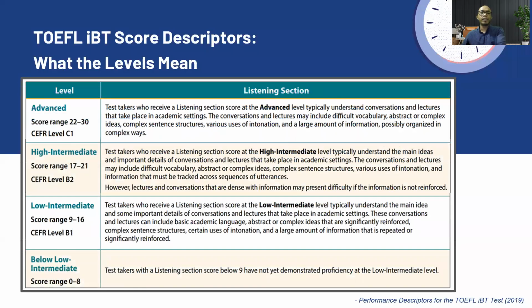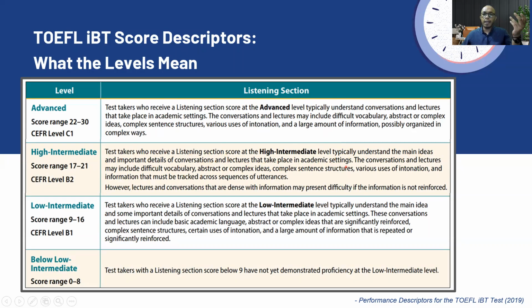How about the listening section? In the listening section, if your score is between 17 to 21, then that categorizes your level into the high intermediate level. And being in high intermediate will mean that you typically understand the main ideas and important details of conversations and lectures in academic settings.